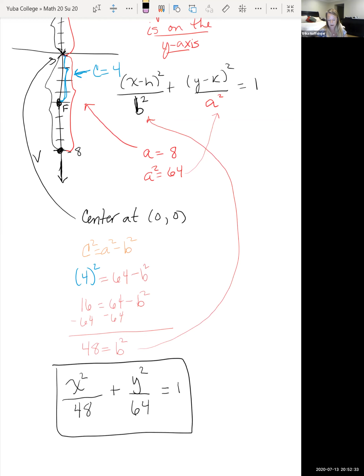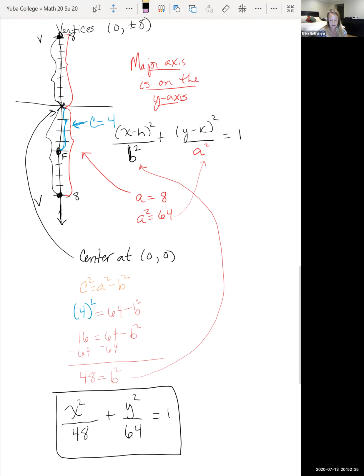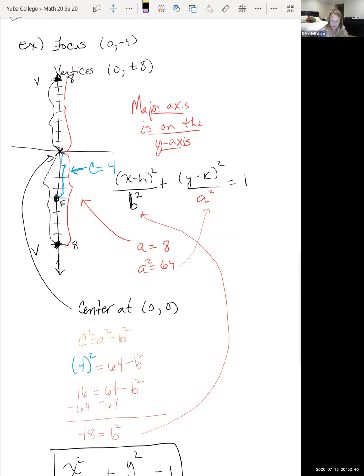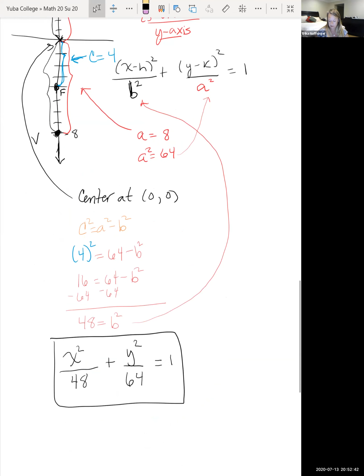To graph it, we're almost there. We know what 2 of the vertices are. We know what B is. Well, we know what B squared is. B squared is 48. So B is the square root of 48. So let's look at the square root of that. Estimate it so we can graph it. We get approximately 6.9, which makes sense because the square root of 49 is 7.